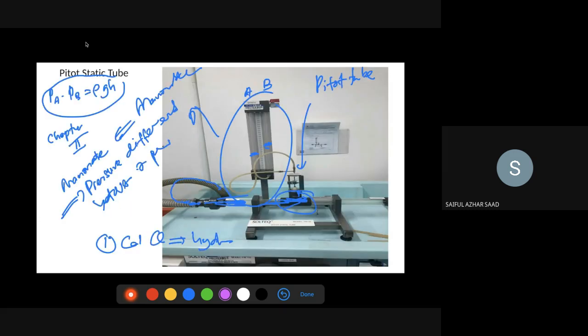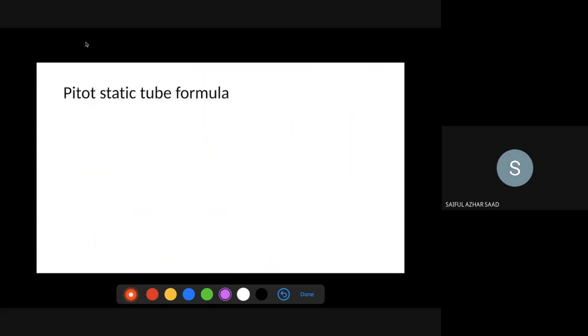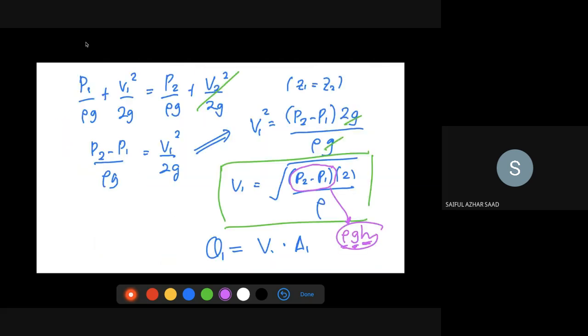As you can see in the diagram over here, I have a manometer. And again, as I said before, the function of the manometer is to measure the pressure difference between point A and point B. So by knowing the heights over here at point 2 and point 1, I subtract H2 minus H1, then I am going to get P2 minus P1. So this is what the experiment is all about.